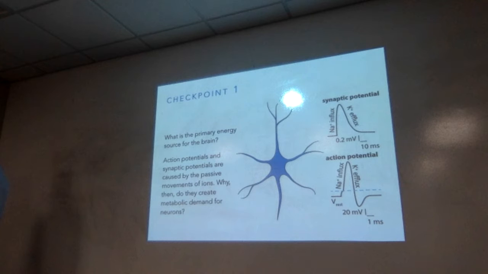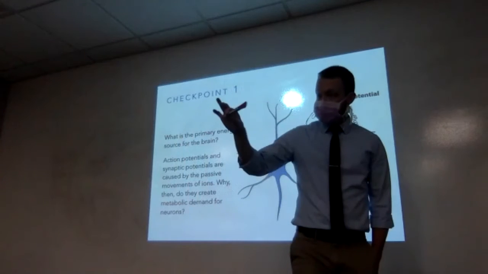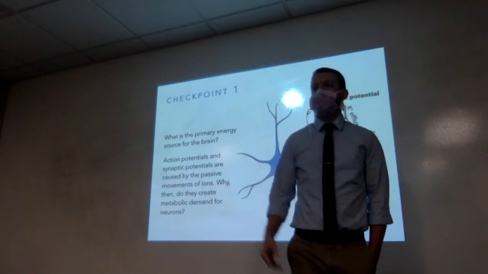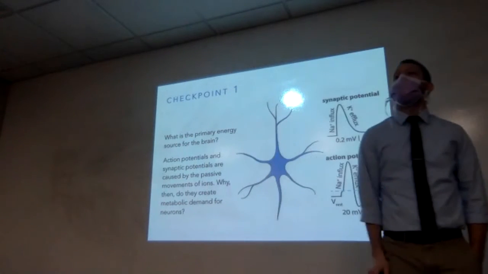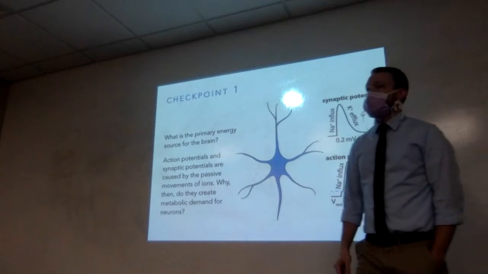Why is it every time we're active, we now have metabolic demand? Yeah. Because we have to regulate the flow of those ions. The neurons are essentially taking advantage of how the ions naturally move. Sodium's going to flow in. How do we make sure that sodium's always going to flow in passively?